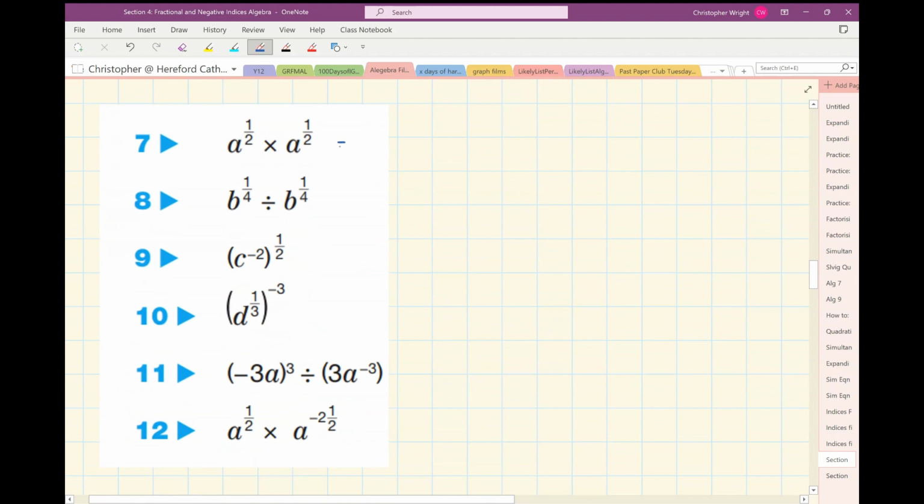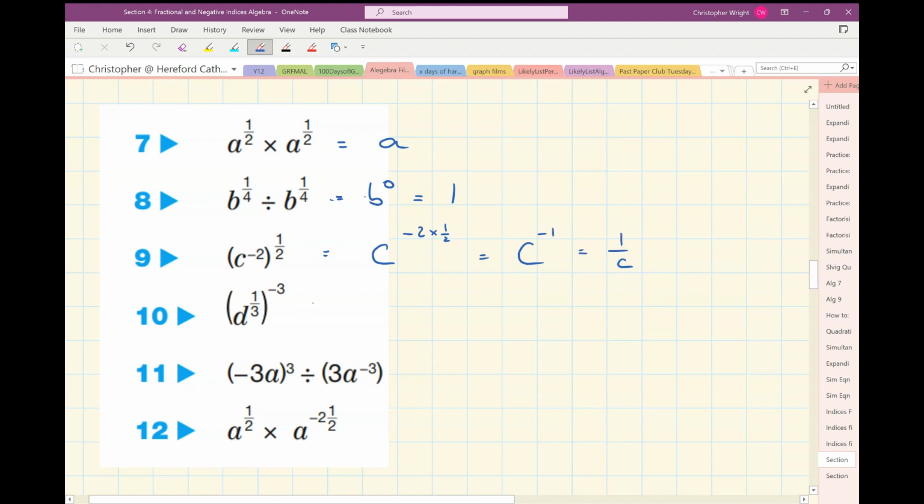Number 7. Add the indices, a to the power of 1 or just a. Number 8. Subtract the indices, b to the power of 0. Anything to the power of 0 is 1. Number 9. That's going to be c to the power of minus 2 times a half, which is going to be c to the power of minus 1, which is 1 over c.